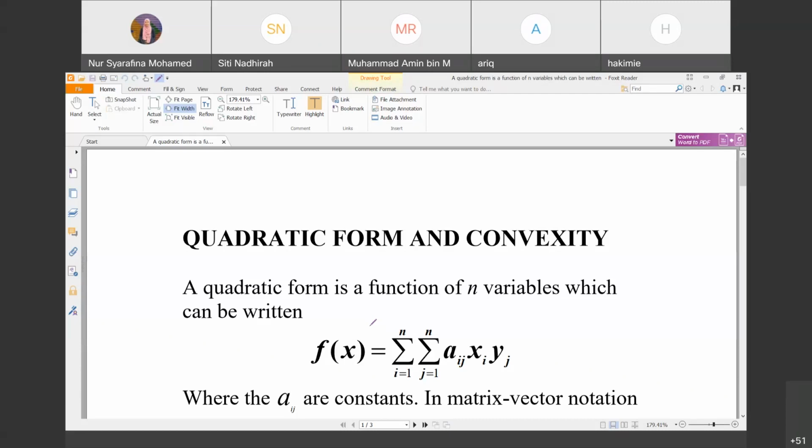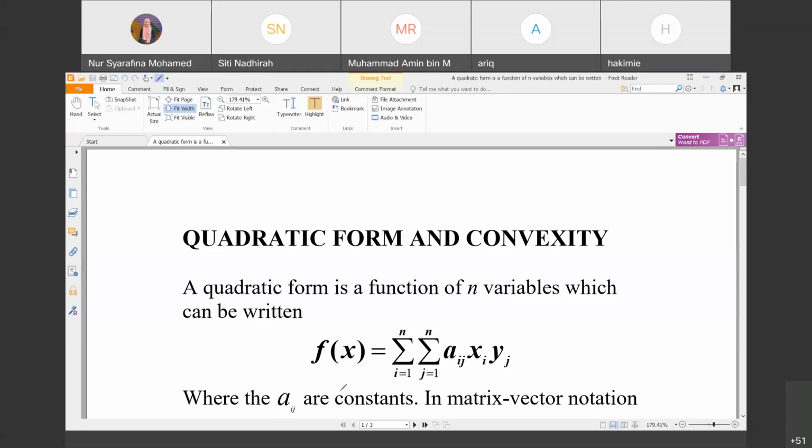Okay, so now let's proceed with quadratic form and convexity. What is a quadratic form? Before we proceed with higher order polynomial forms, let's start with the quadratic form and identify its convexity or concavity.